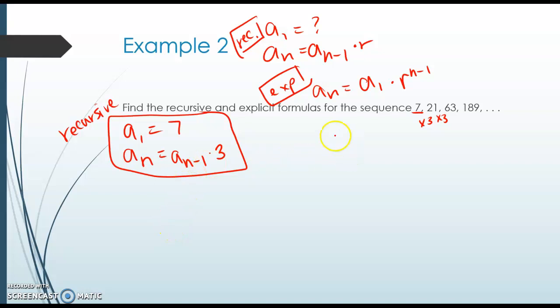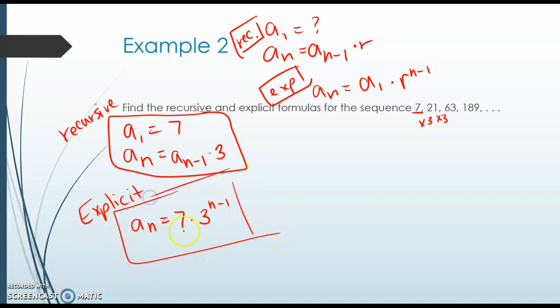So when I'm doing my explicit, I know that a sub n is going to equal a sub 1, which is 7, times r to the n minus 1. And that's it. That's our explicit form. There's nothing more to do. With this explicit form, we can find any term. For our recursive, we have to go through and find the term before it. So that's where explicit comes in handy.